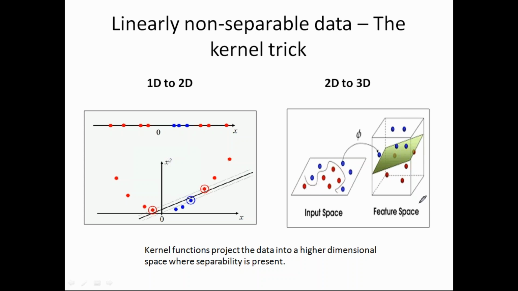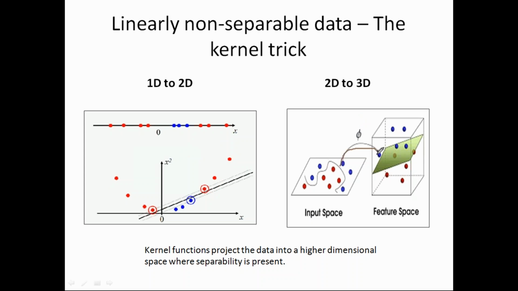What SVM does is, it will again use some function. Here it uses a parabola function. I know that this is a parabola, that is why I said parabola. Here I don't know what the function is, but let us suppose that there is a function phi.